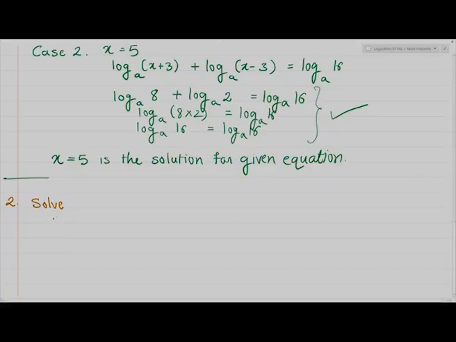What is the problem? 2 times log to the base 10 of x is equal to 1 plus log to the base 10 of x plus 11 by 10. Okay.